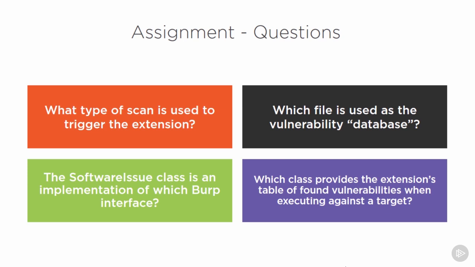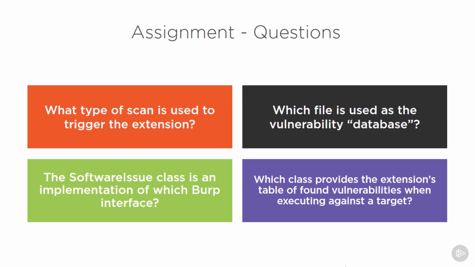The next question is, which file is used as the vulnerability "database"? I'm putting that in quotes, which should clue you in that it's not actually a database. The next question is, the software issue class is an implementation of which Burp interface? So you need to find that and find out which interface it implements.